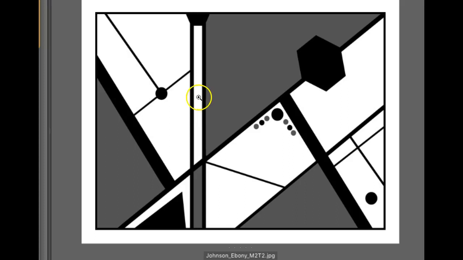Maybe it could go 90 degrees with this angle, so this is straight up and down. Maybe it could go horizontal if that works. But otherwise, I might be inclined to angle it. It feels like it's the only thing that's doing that, and maybe it needs to change for that reason.